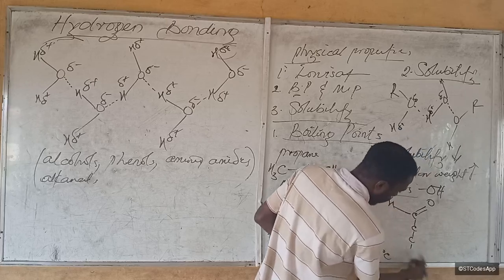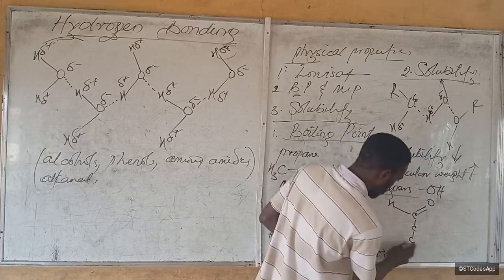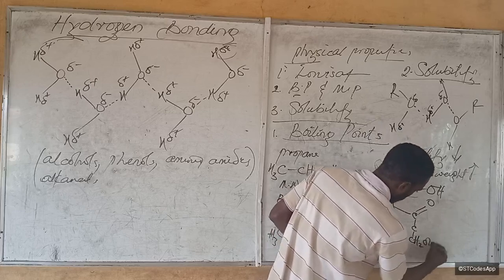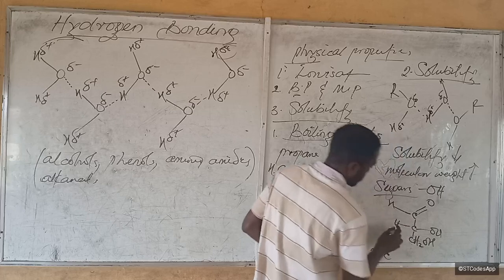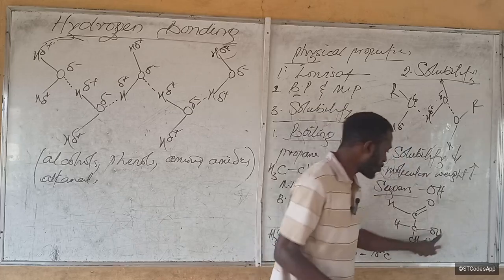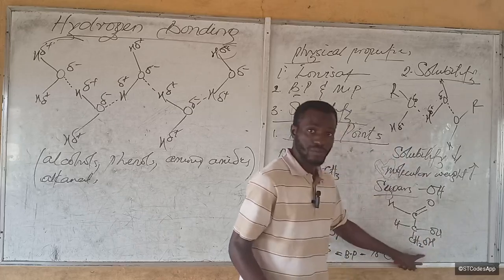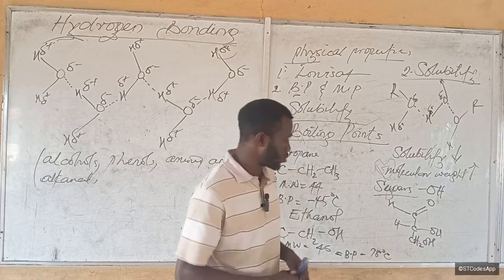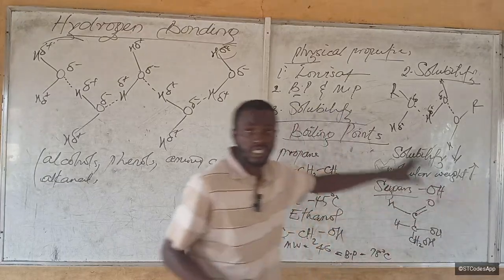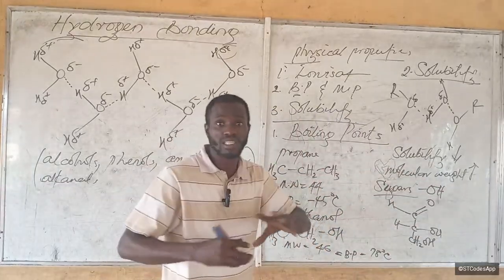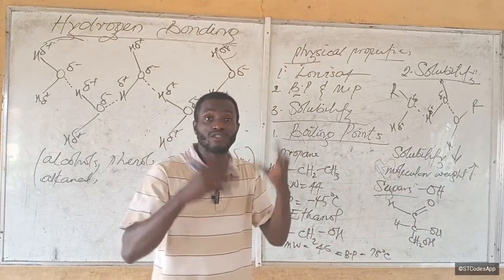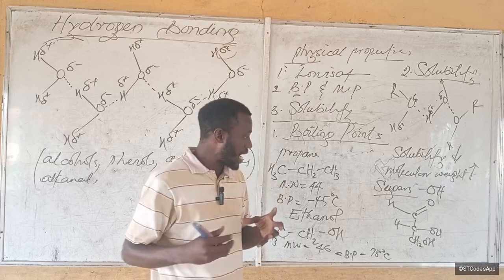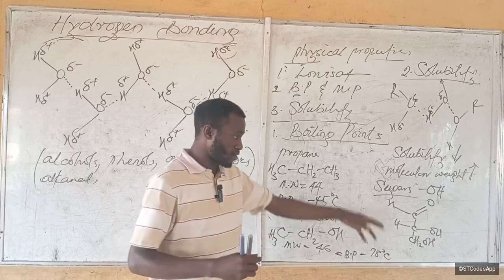I'm just drawing a triose. You can already see that there are many OH bonds here, right? If I continue to a hexose sugar like glucose, you're going to see that there are many more OHs. Because of that, there is a lot of hydrogen bonding, which leads to the high solubility of that compound.